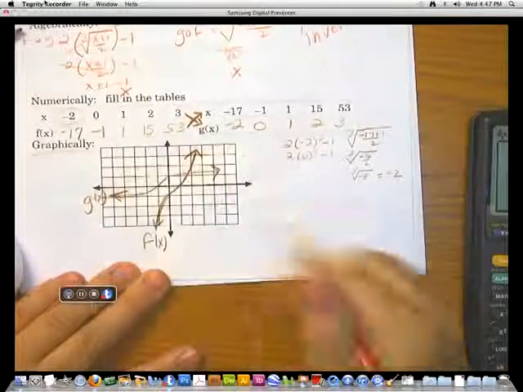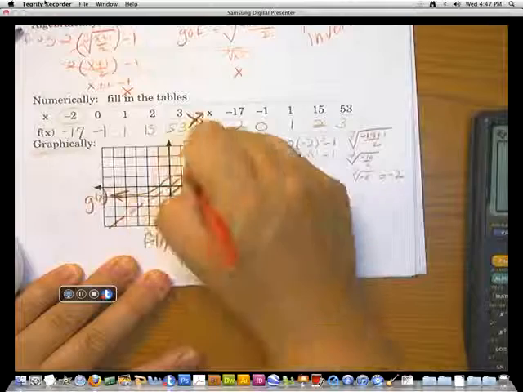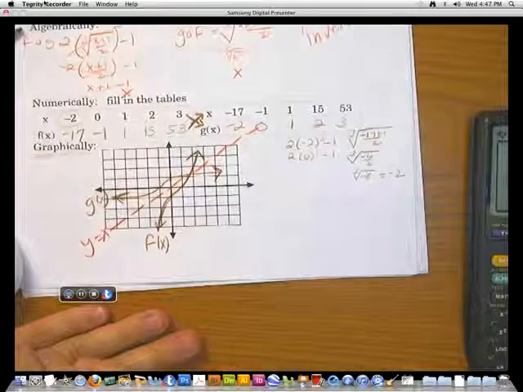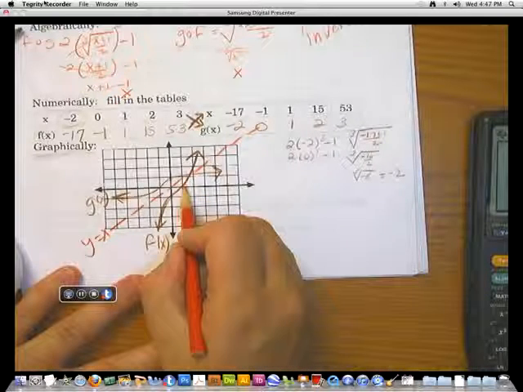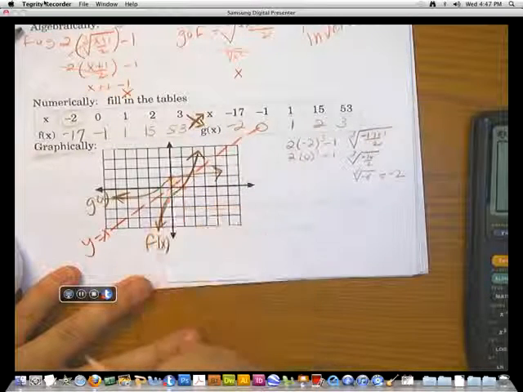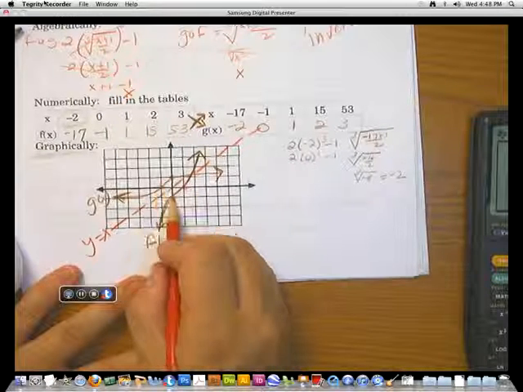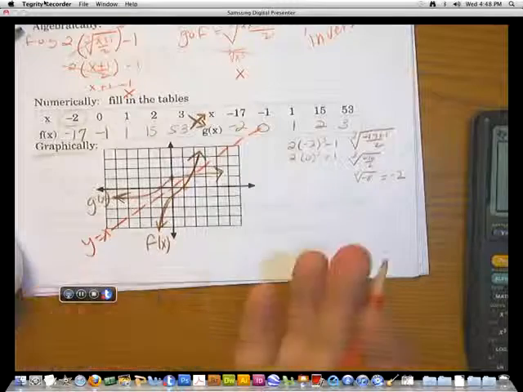So what happens is that these are reflected over the y equals x. The point that was here is now on the inverse of the other. Point, point, point, point. And that's what it means to reflect over it.